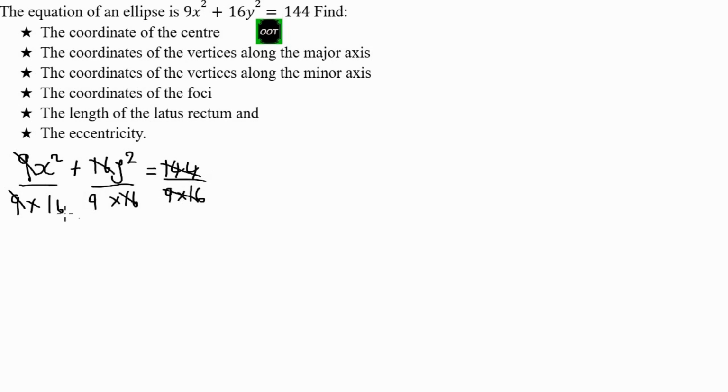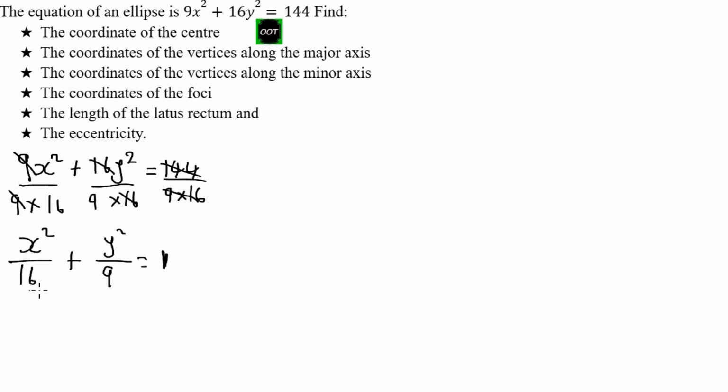That's the product of 2 perfect squares. So we have x squared divided by 16 plus y squared divided by 9 equal to 1. Excellent. We have been able to successfully express it in the form that we are actually familiar with. Perfect. So when you have something like that in future, that's how you're going to do it.